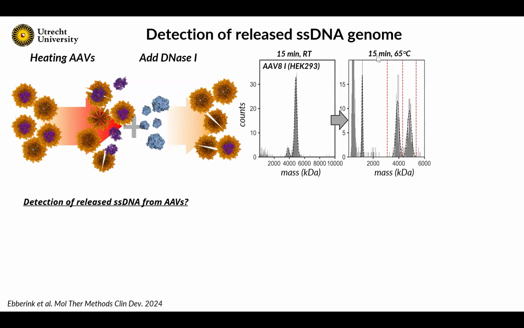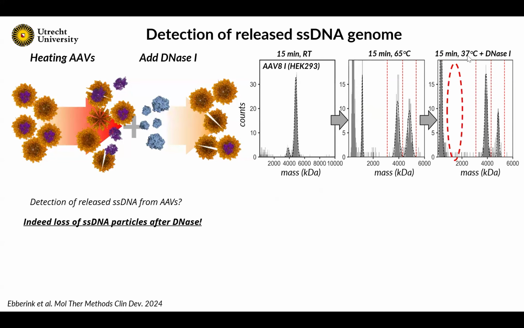So in this case, we have our AAV8, we incubate at 65 degrees, we see a drop in the amount of filled particles, and we see this new peak here at 1 megadalton, which is presumably our single-stranded DNA. And then we add a bit of DNase, incubate at 37 degrees again, and measure with mass photometry. And we see that this peak indeed disappears. So indeed, it looks like the peak that we first saw was our released single-stranded DNA genome.